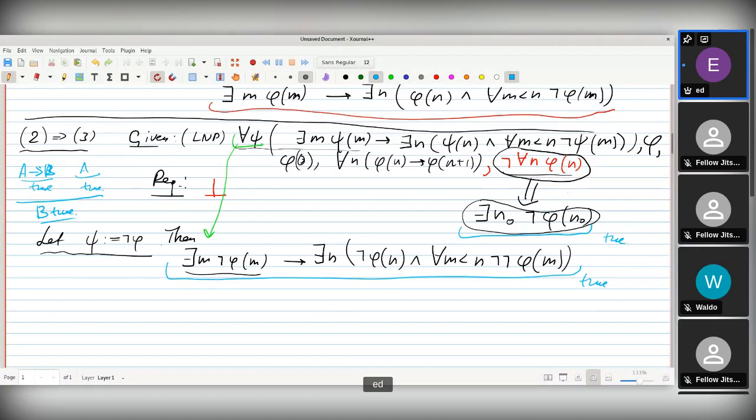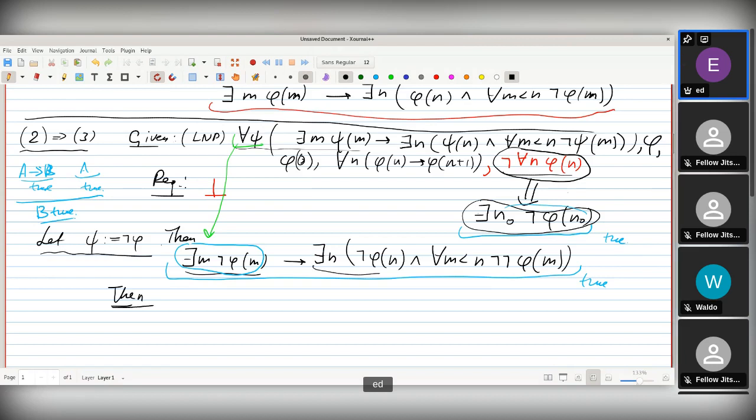We have a true implication with a true assumption. Clearly the conclusion is true. The assumption says that there is something for which phi fails.